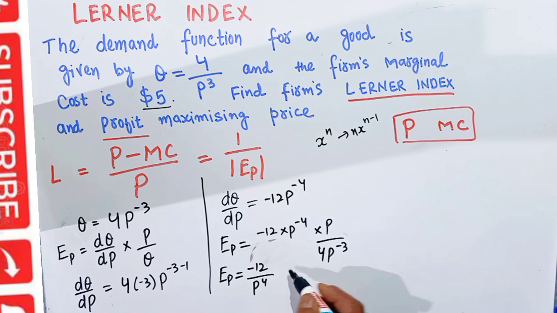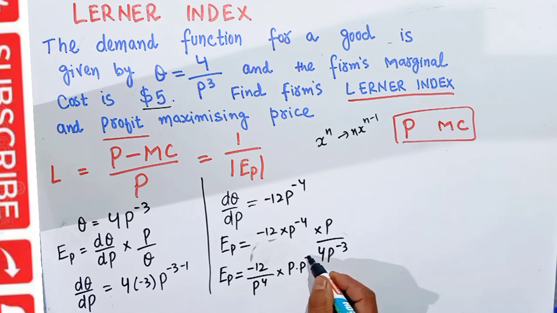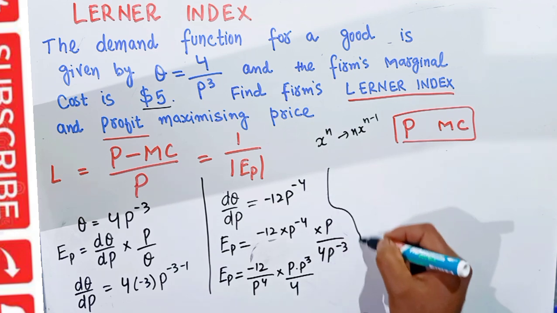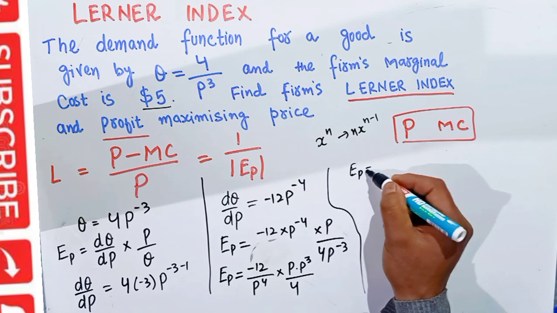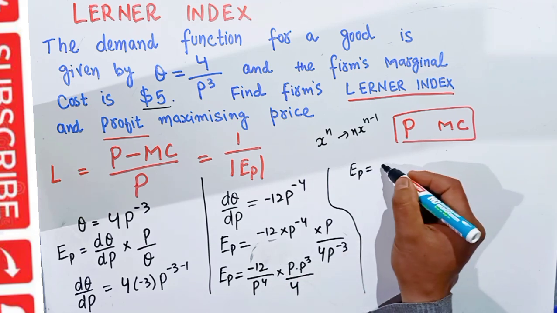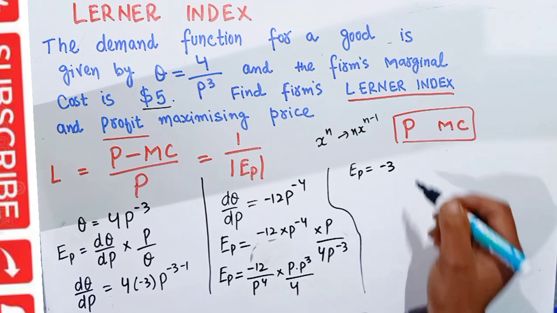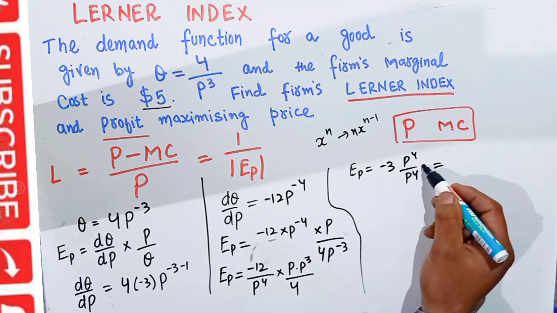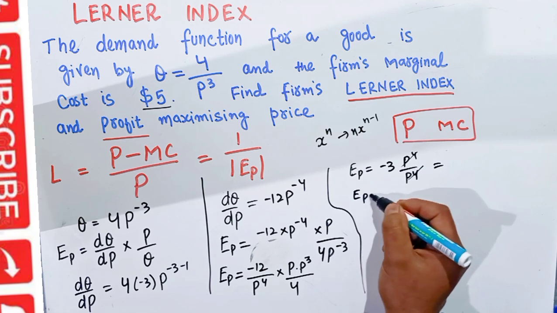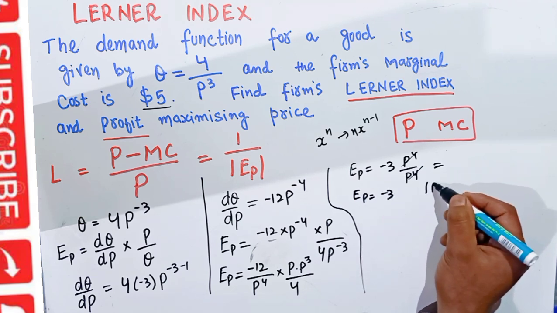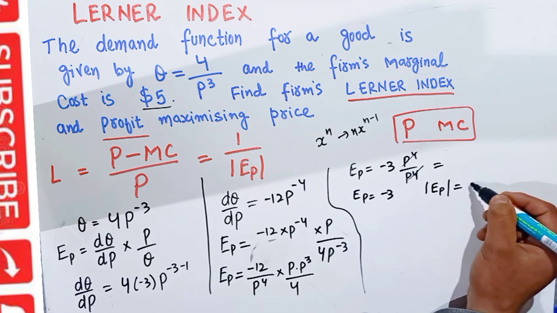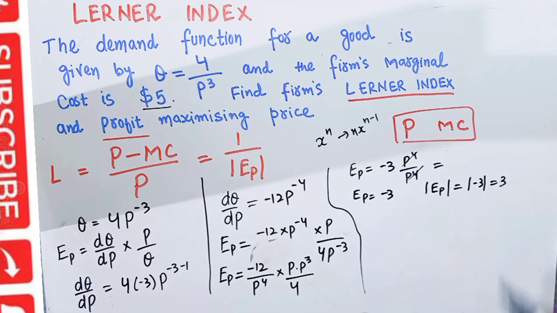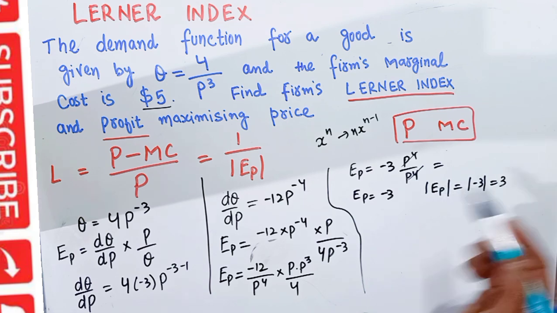And here we have P into P to the power plus 3, and here we have 4. So we get elasticity of demand equal to minus 12 upon 4, which is minus 3, and P to the power 4 upon P to the power 4 cancels. This implies our elasticity of demand is minus 3, and the absolute elasticity of demand is the absolute value of minus 3, which is equal to 3. So we got the elasticity of demand equal to 3 for the given demand function.